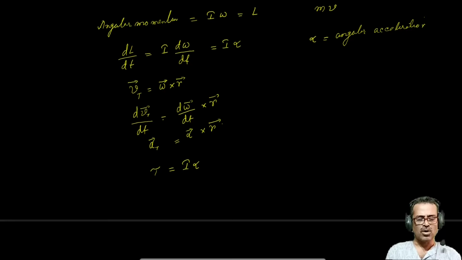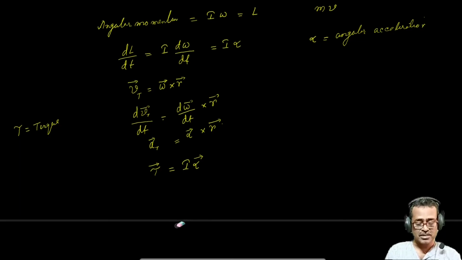Now what is torque? Torque is a vector quantity and it is an axial vector, and the direction of the torque is along the direction of the angular acceleration. Both are axial vectors.